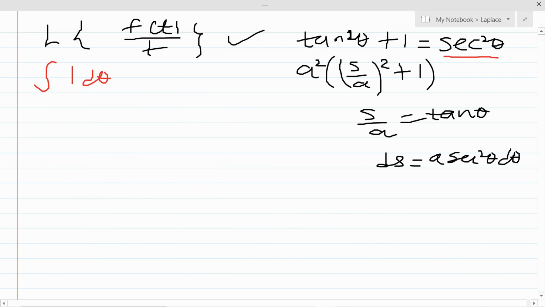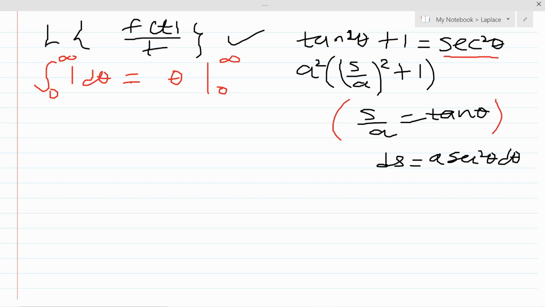Okay, and this will give us what? Actually the limit was this. This will give us theta, then the limit is 0 to infinity. Now with this here, if s over a is equal to tan theta, then theta will be what?